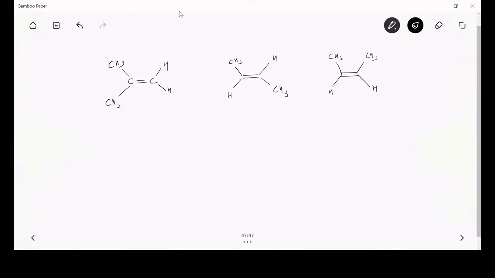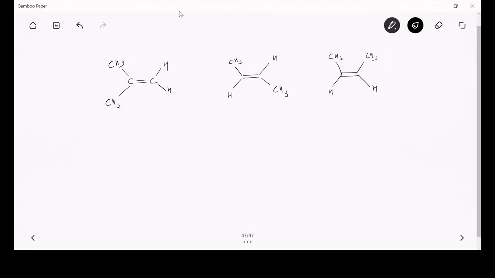Now, as we know, the double bond of an alkene can be stabilized by the presence of its alkyl substituents, methyl substituents. Here we can see that all these 3 alkenes have the same number of methyl substituents, isn't it? For the first one we have 2 methyl substituents.